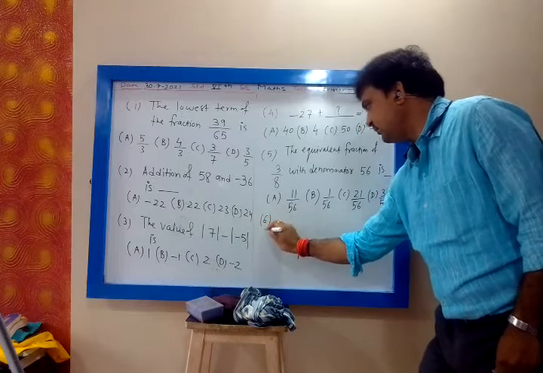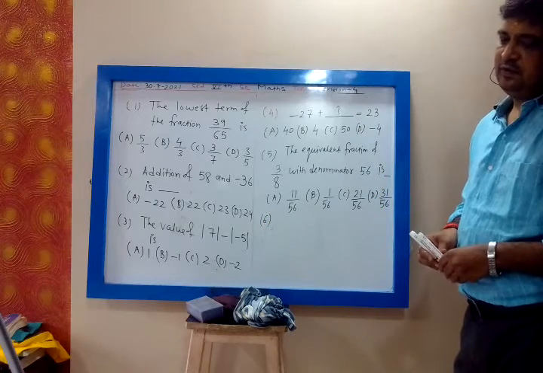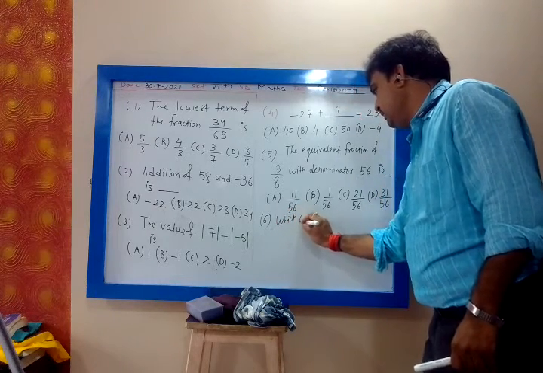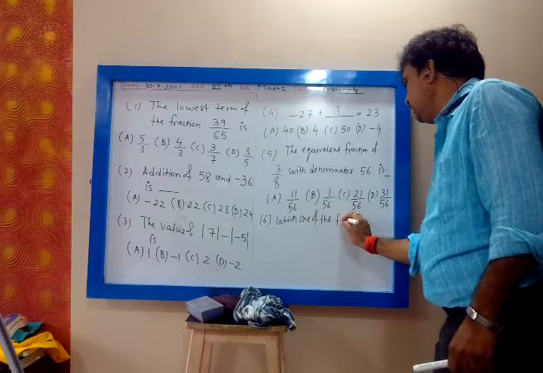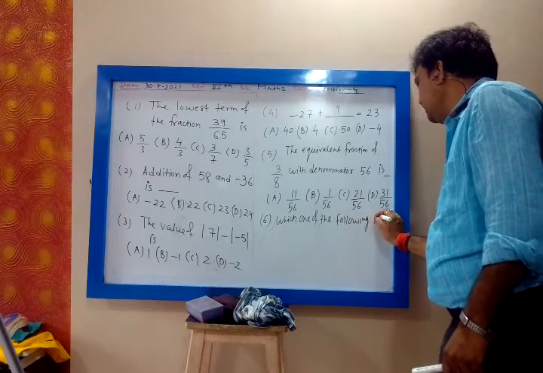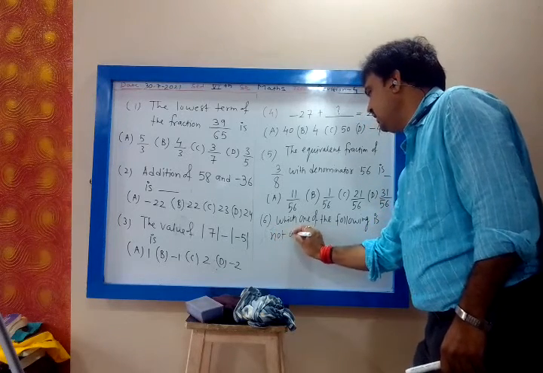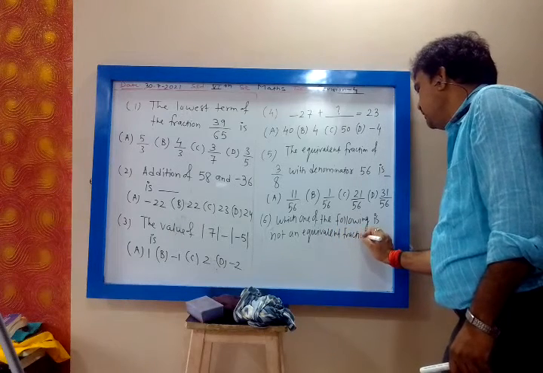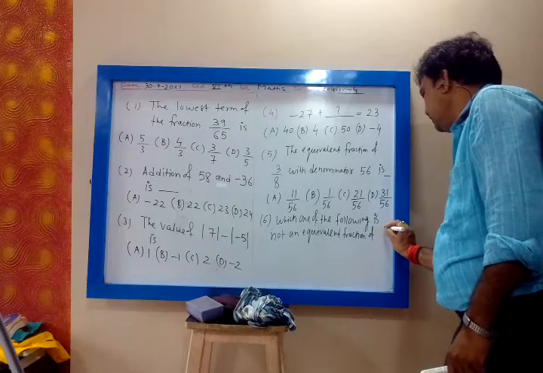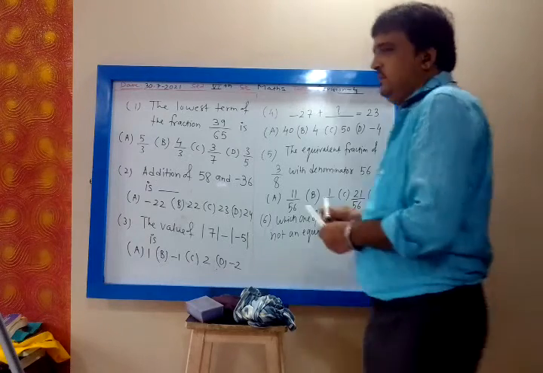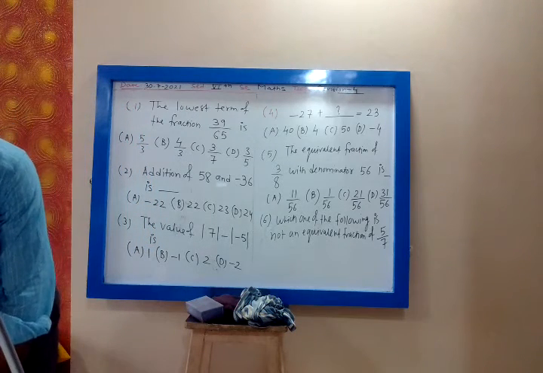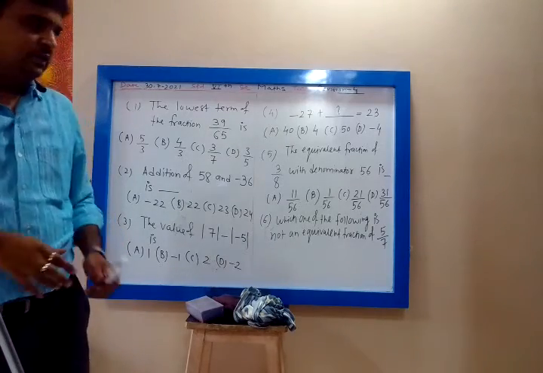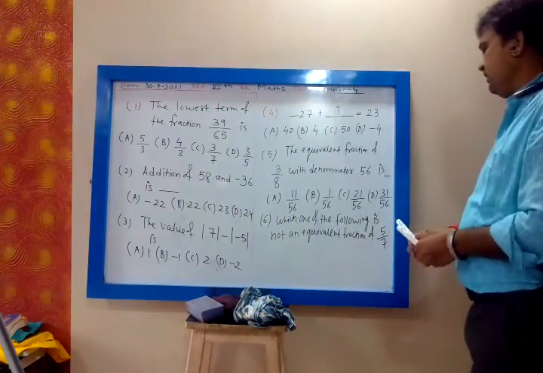Then sixth. Which one of the following is not an equivalent fraction of 5 by 7?